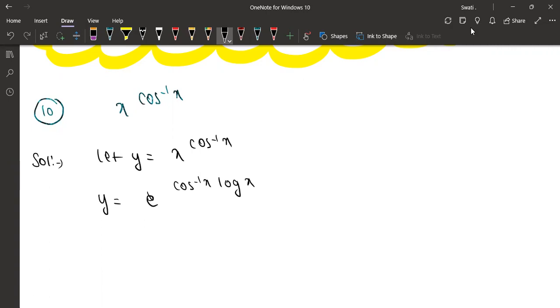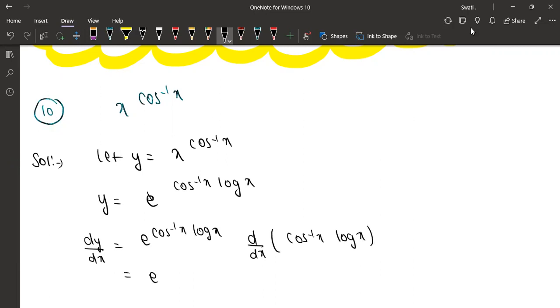Now we will differentiate both sides. So this will become dy dx. And here the derivative of the exponential function is as it is, so it will become e raised to cos inverse x log x. By chain rule, we have to do the derivative of cos inverse x log x. And now this e raised to cos inverse x log x, we can just write down this as it is.